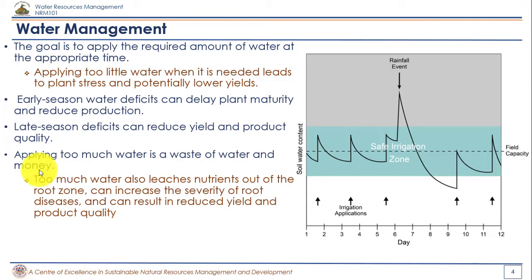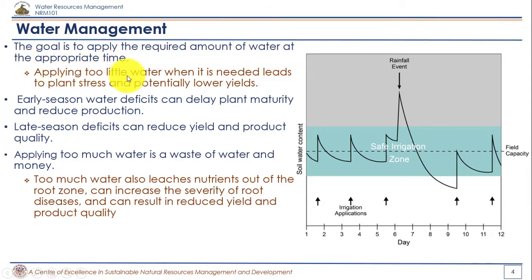When we are choosing the best irrigation system, we need to choose an irrigation system that has higher application efficiency. And the main goal of irrigation to address water management is to apply the required amount of water at the appropriate time.